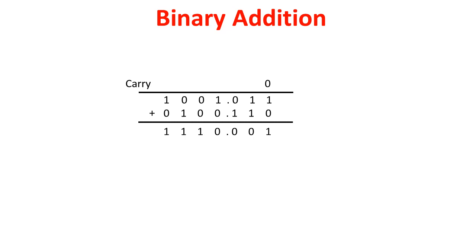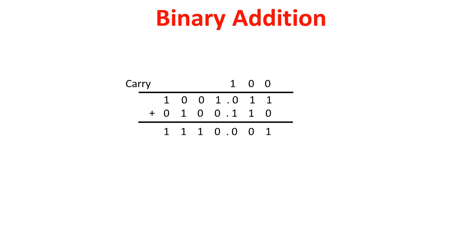You can see 0 is the carry. So 0 plus 1 plus 0, the sum result will be 1, and no carry will be taken to the next column. So 0 plus 1 plus 1, the sum result will be 0, but the carry 1 will be taken forward to the next column.